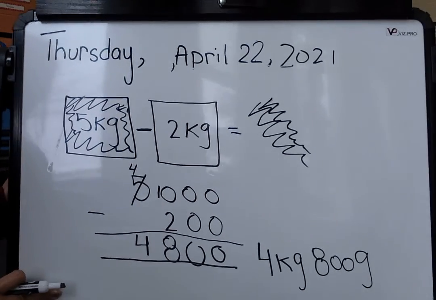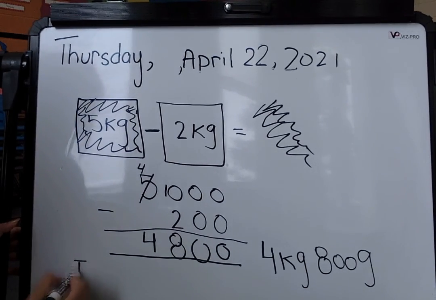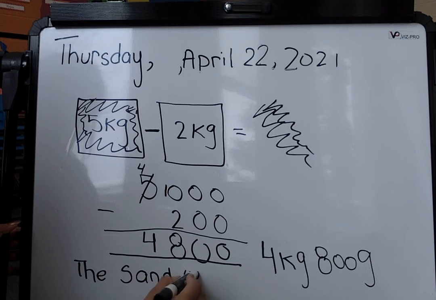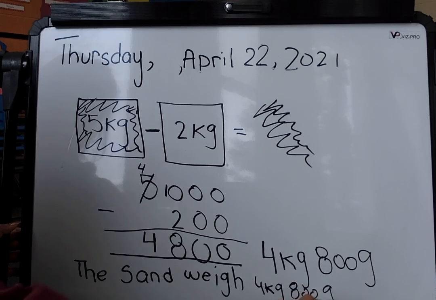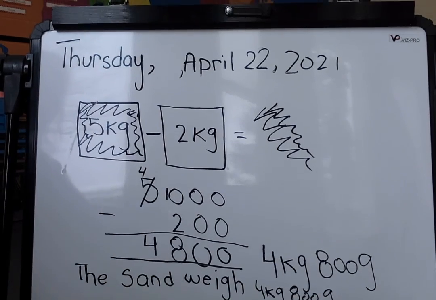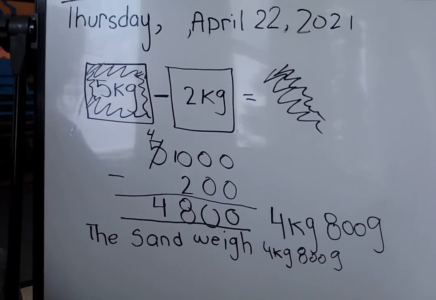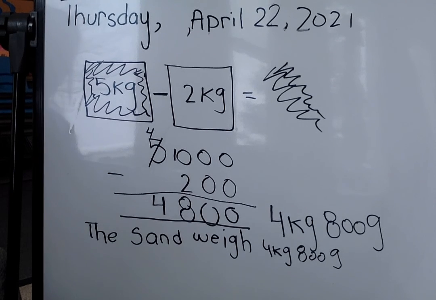Does that make sense? So the sand weighs 4 kg, 800 grams. There. Now we are done our question. Does that make sense?